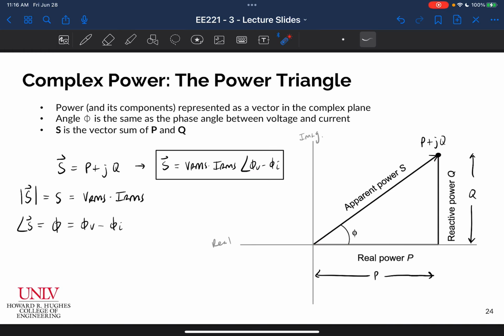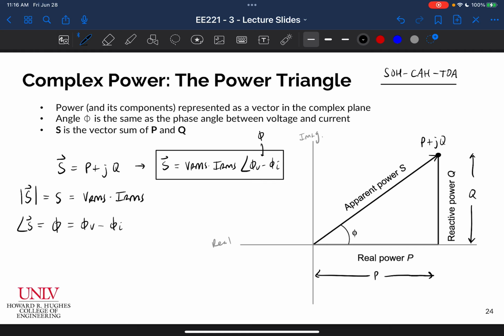And so in order to fully characterize the power analysis of some system or circuit, really all we need are these values. And so it makes sense. This can be replaced with just phi. And so let's take a look at this. Hopefully you remember SOHCAHTOA from geometry, whenever you learned geometry and trig.